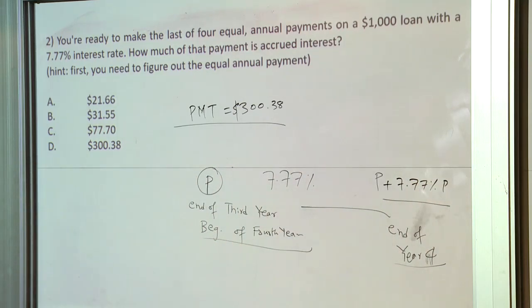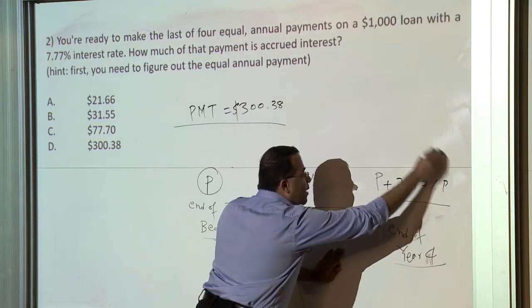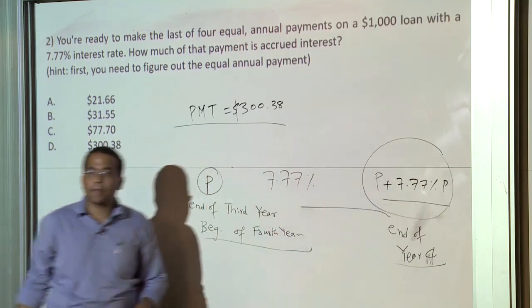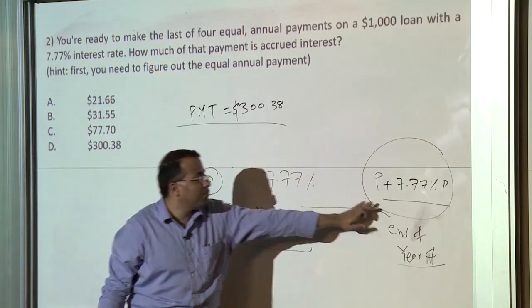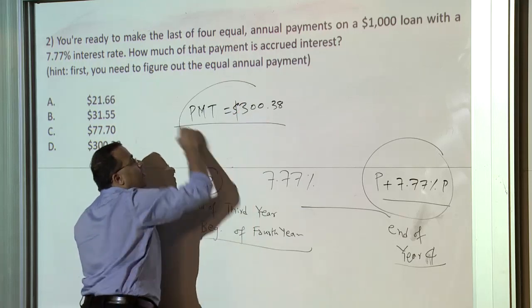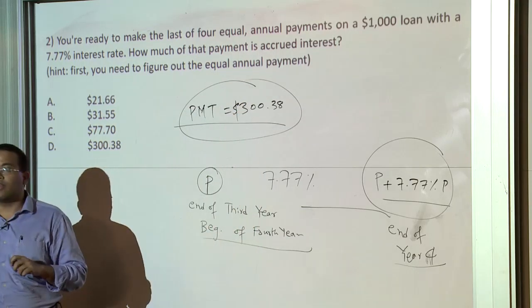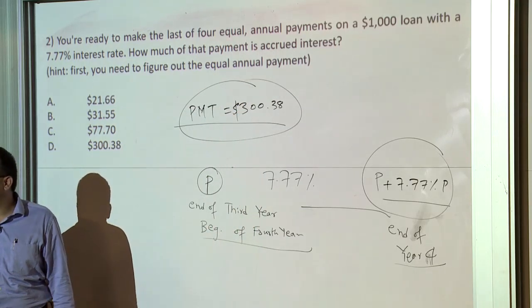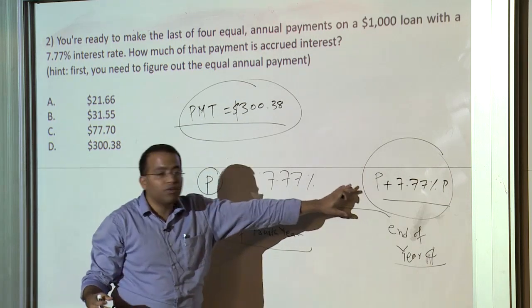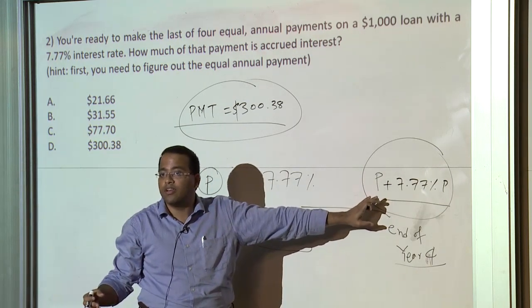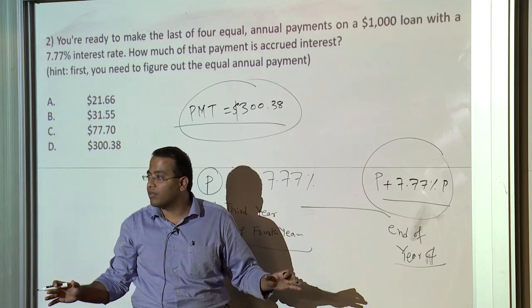Is that clear? So at the end of the 4th year, you're going to owe the bank this amount here. Okay? And this amount must be exactly satisfied by this amount here. That's when the loan gets paid off, right? If you pay exactly this amount to the bank at the end of the 4th year, then you don't owe the bank anymore, right?